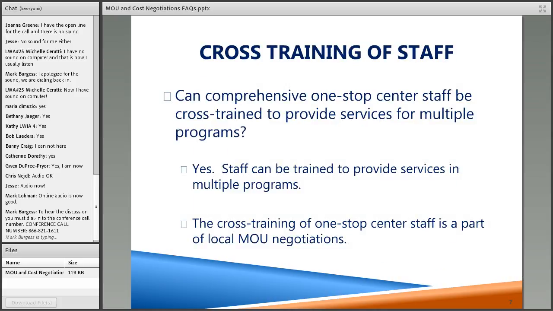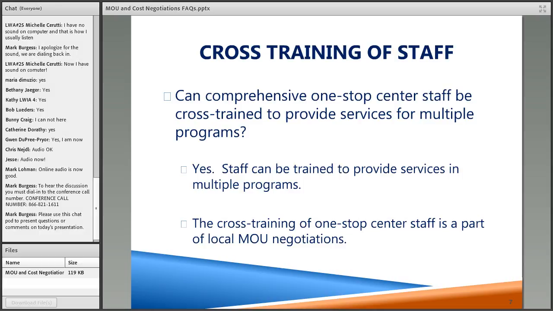There are other ways that a partner can fulfill its obligation to make services available through one-stop centers. One of those is, there was a question about cross-training and whether that's a possibility, and yes, it is.